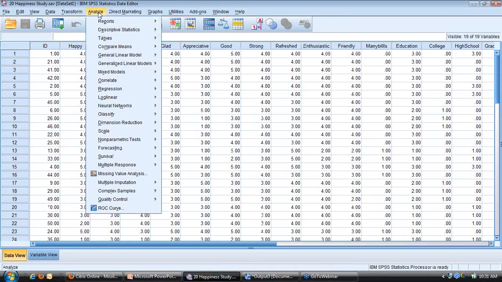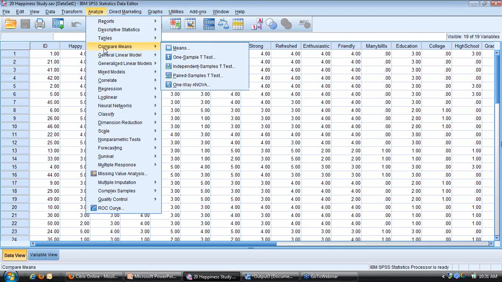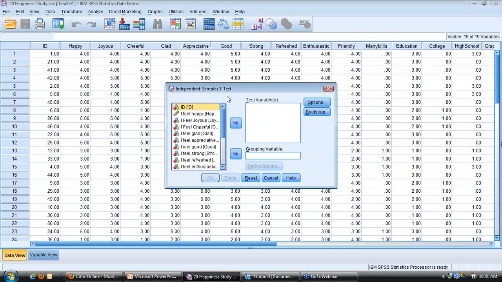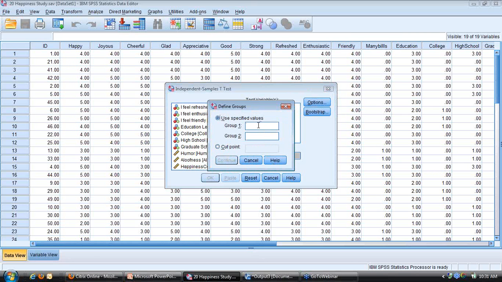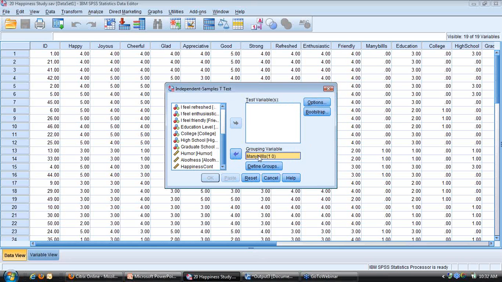So Analyze, Compare Means, and Independent Samples t-test. Okay? And then we're going to look for our grouping variable, which is many bills monthly, right here. Put it in there. Then it'll say, please define. So you say 1 means yes, and 0 means no. And then we put in our happiness, continuous happiness dependent variable.